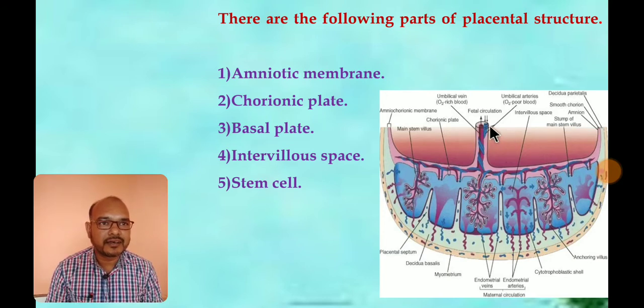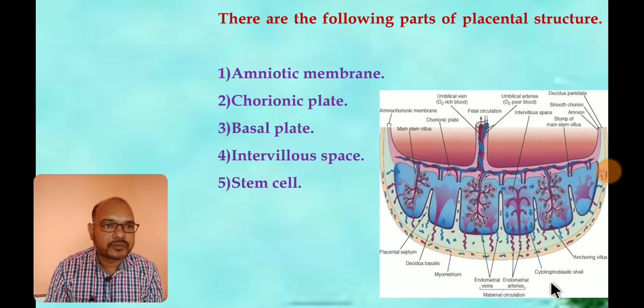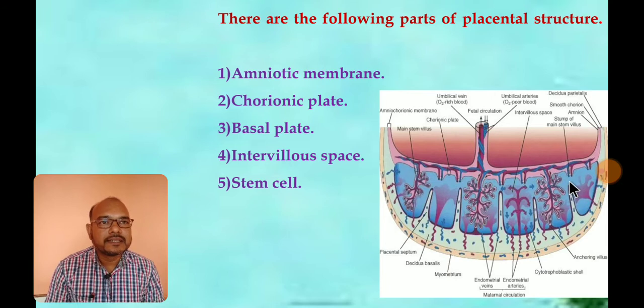The placenta attaches to the umbilical arteries, and the outline shows the placental septum, the endothelial villus and the maternal circulation. The diagram outlines all the placental structures.